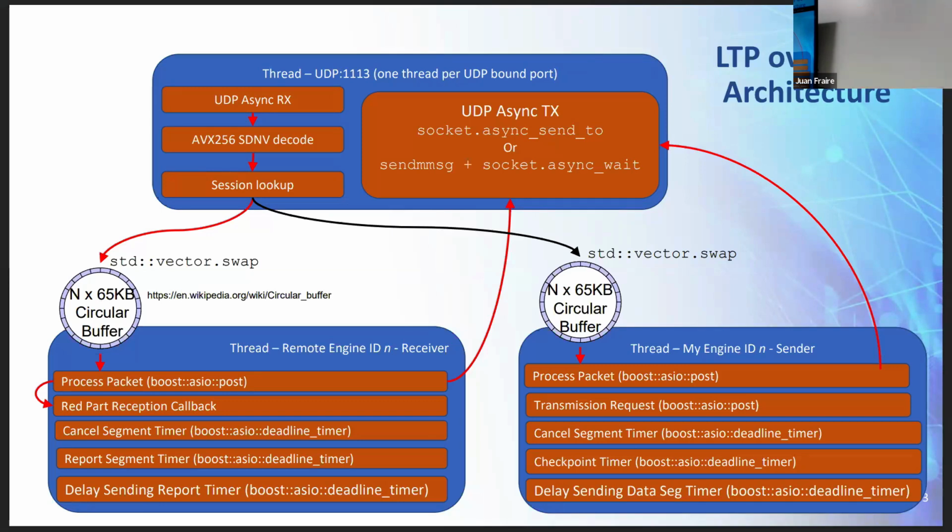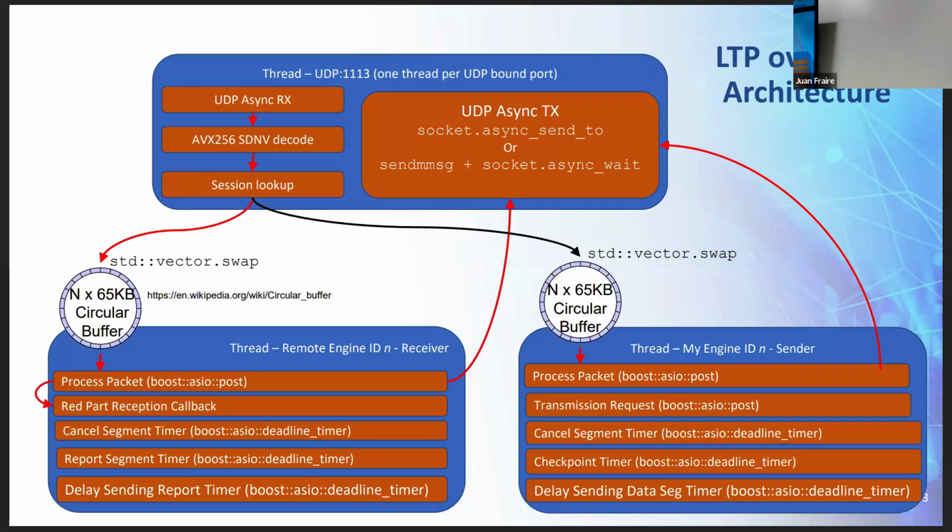You see on the left there, we're doing socket reads. We're going to look at the first couple SDNVs, or self-delimiting numerical values, and decode them. If your CPU supports it, it's going to do an AVX 256 decode of those.